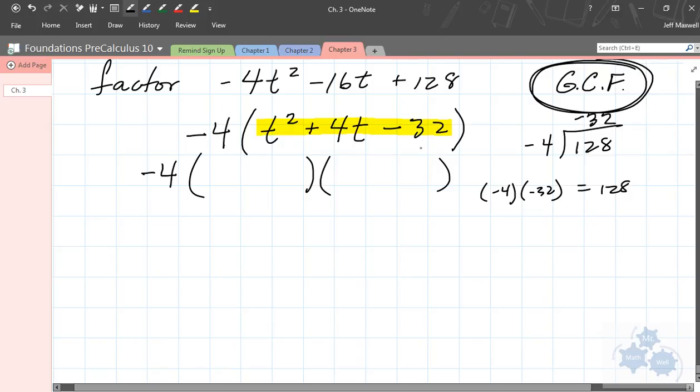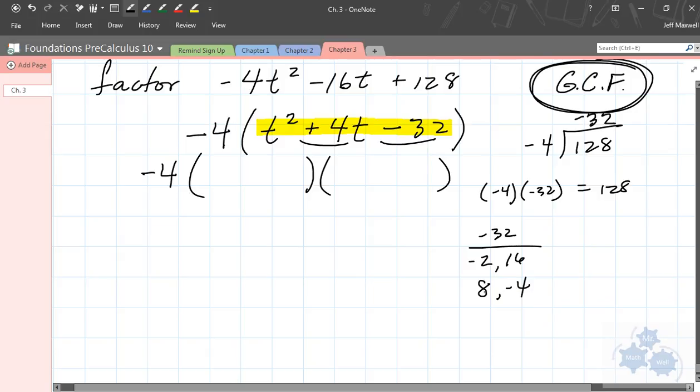So what two numbers multiply to negative 32 and add up to positive 4? Anybody got those numbers in their head? What are the factors of negative 32? Well, negative 2 and 16. Does that add up to 4? Nope. What else? 8 and negative 4, maybe?